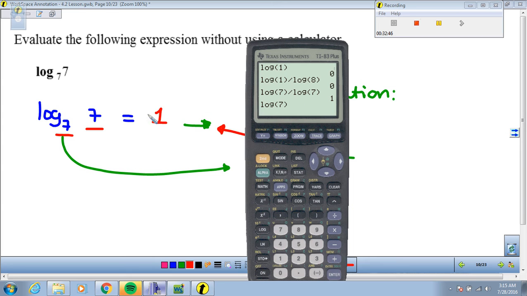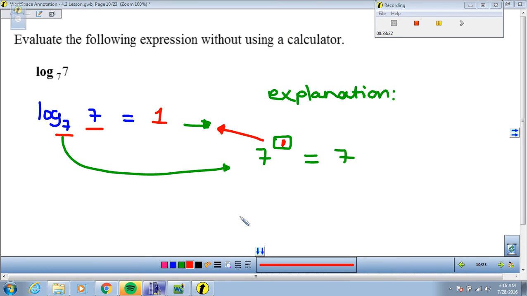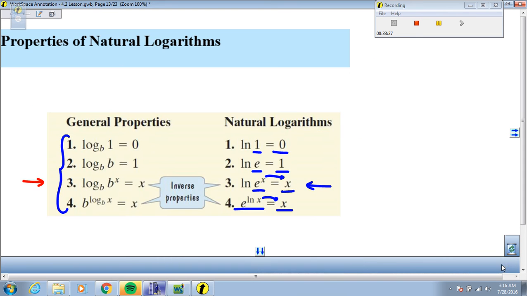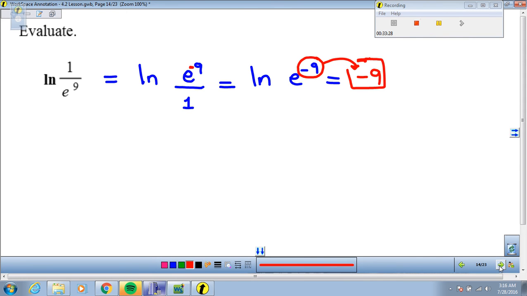That's not the answer 1 that it should be, because the calculator is thinking that the base is 10, when it's really not. The base is 7. So you need to let the calculator know that the base is not 10 by writing it in this form: log of the big number divided by log of the small number. That is called the change of base formula. I think it's coming later, and I probably got ahead of myself already. But I wanted to show you where the logs are, at least.